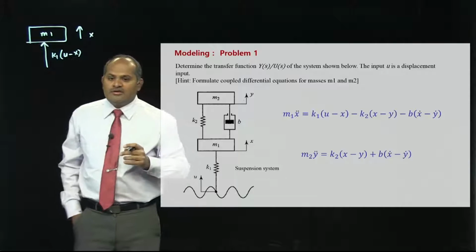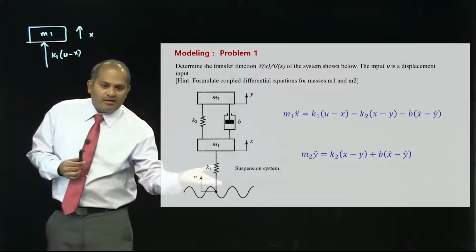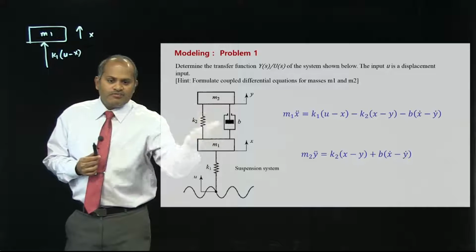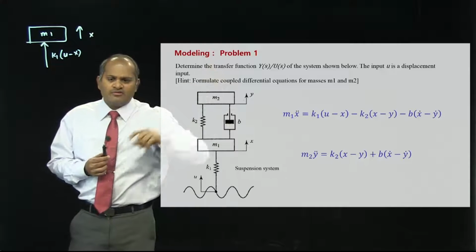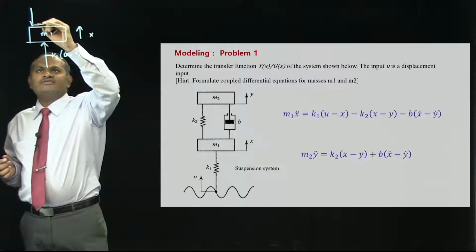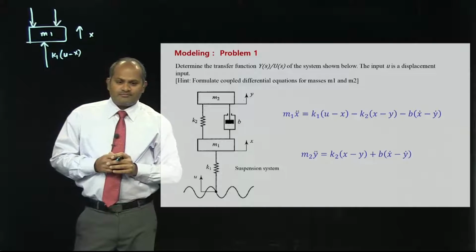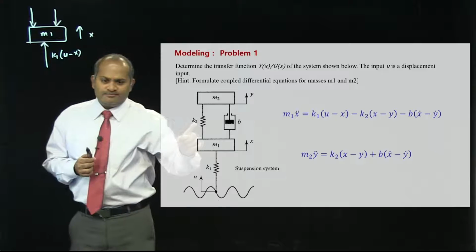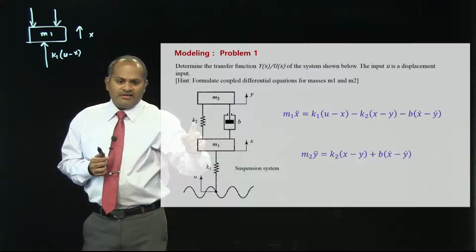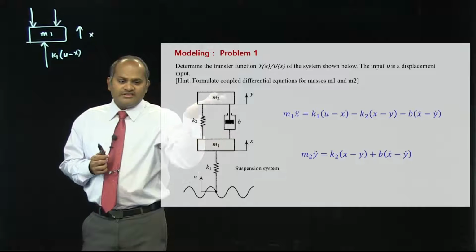Now, since this is applying force in this direction, the spring and the damping oppose the force. So, two forces oppose this force. What are those two forces? There is another spring, right? The direction of motion is in this direction.